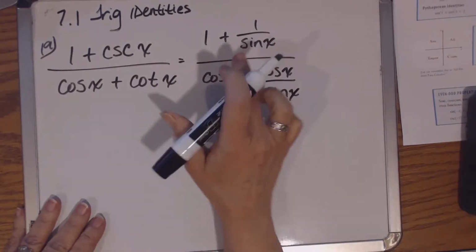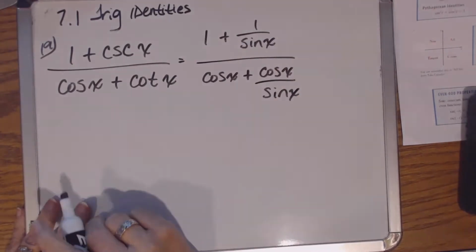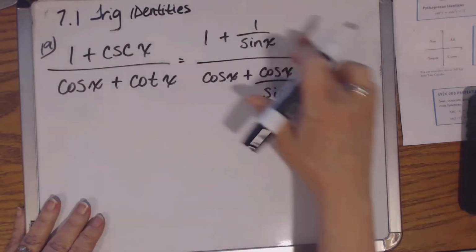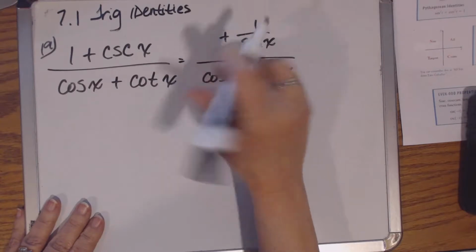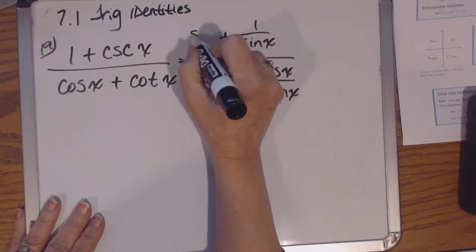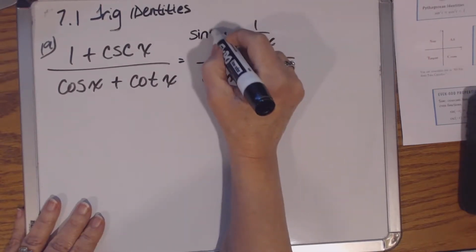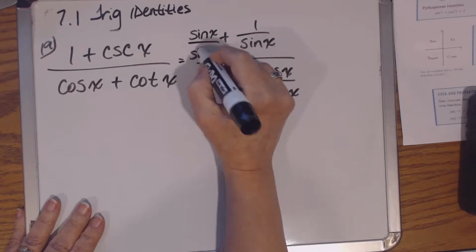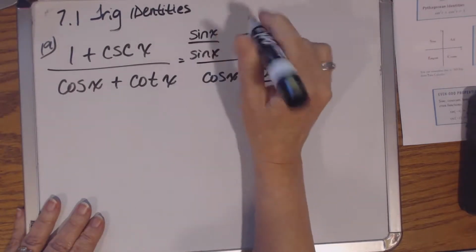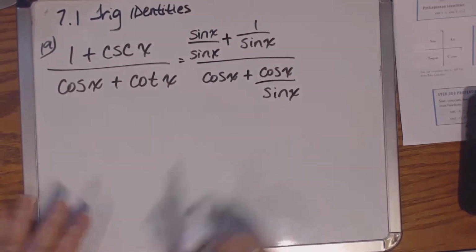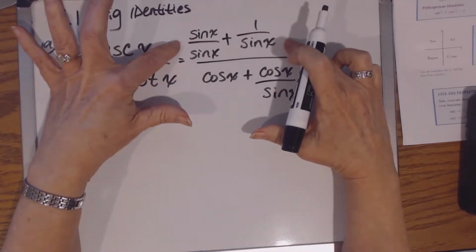Okay, now I'm going to tell you right now, we like ones, okay, when it comes to combining fractions, because this 1 here, I can think of a 1 as anything over anything. I'm going to call it sine of x over sine of x. There is the same thing as my 1. And I hope you see why I did that, because now I have common denominators.